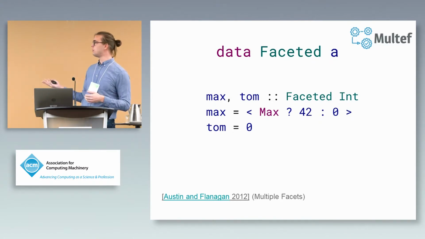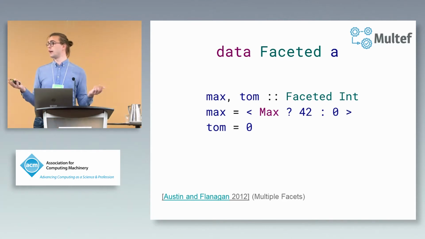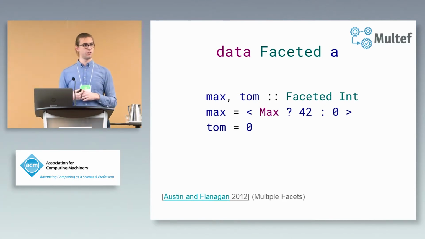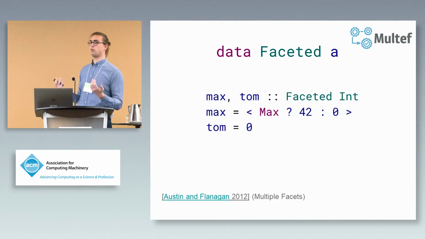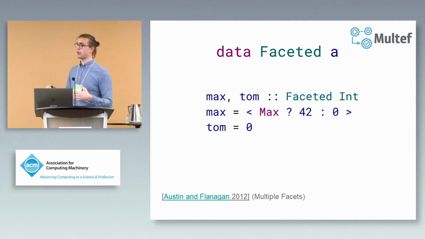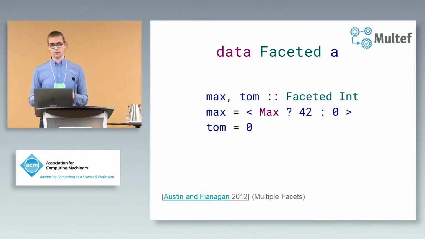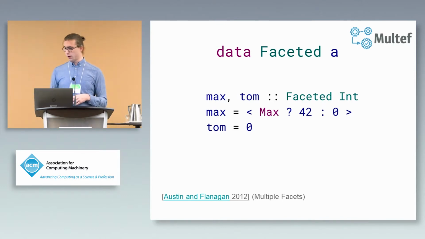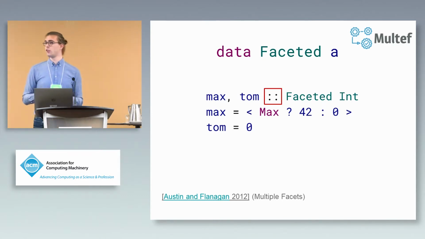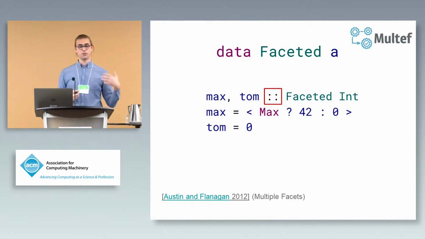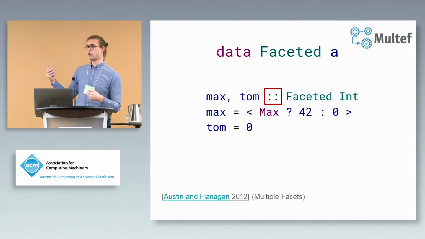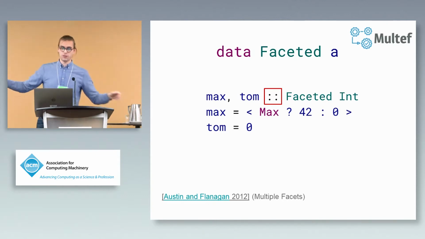Otherwise, you see 0. 0 is just some default value that we pick for people who are not allowed to see Max's sensitive data. And for the variable Tom, well, we assume that the program text that you're running is public, so the variable Tom is always going to have the value 0 here. Now, by the way, I should say this funny notation with the double colon, that is just to say that the variables Max and Tom have type a faceted integer. That is an integer with all these different views.